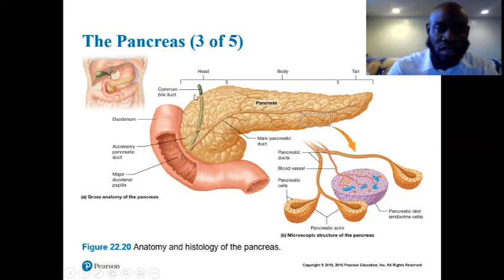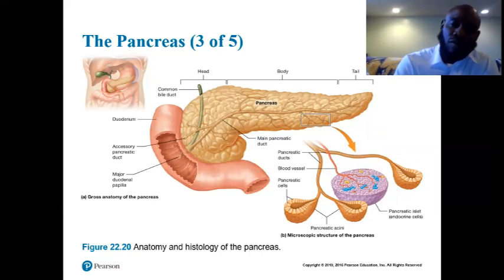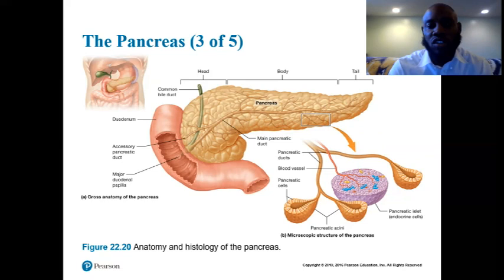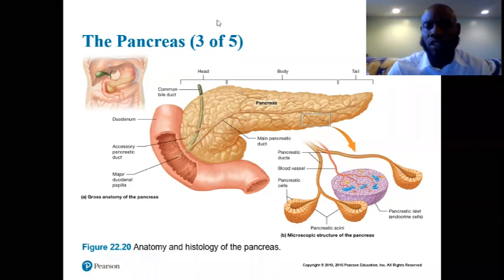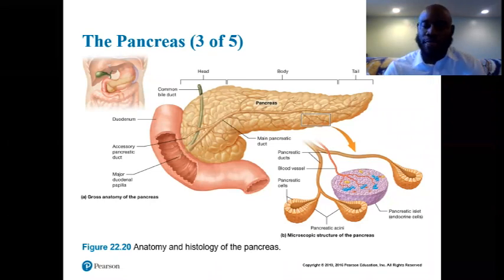The ducts from the liver, the gallbladder, and the pancreas all merge together, and we get the exocrine glands releasing their enzymes right into the duodenum. All right.